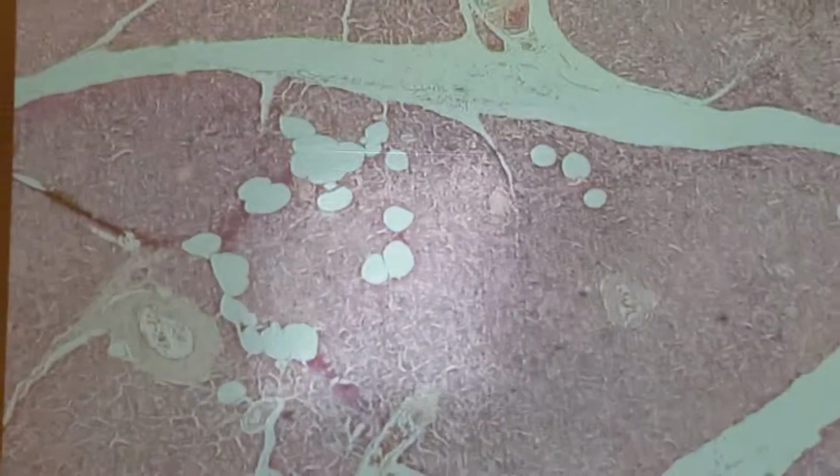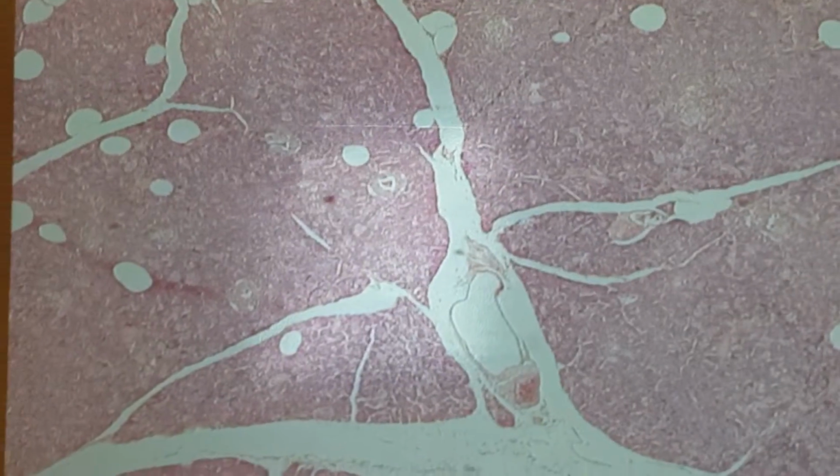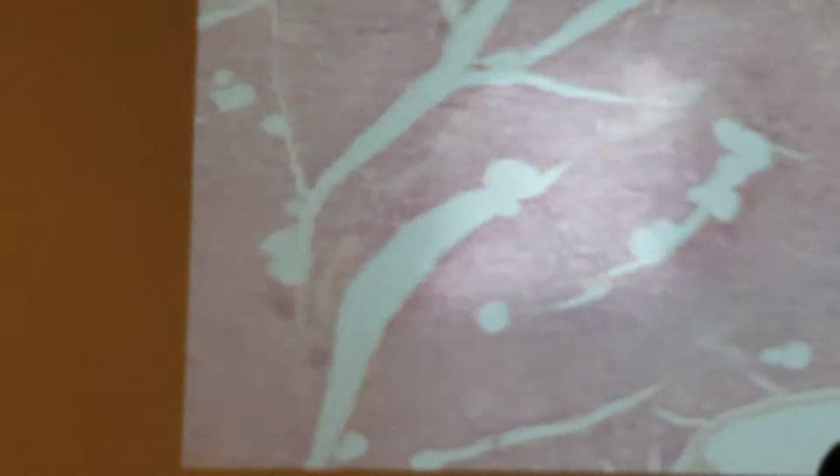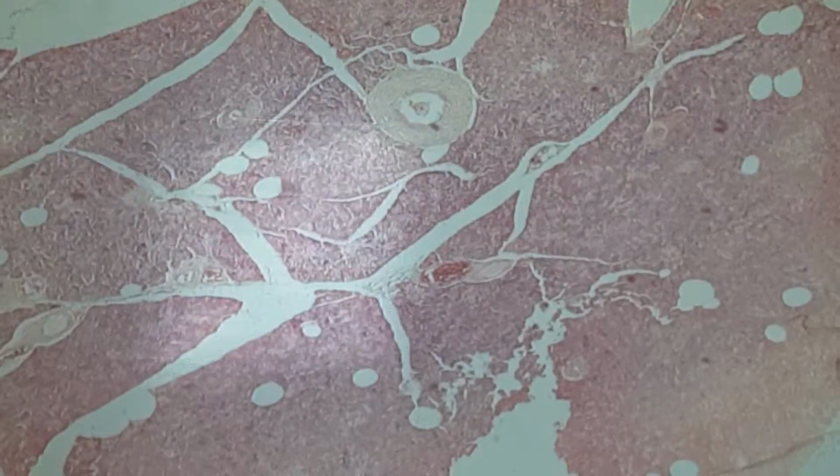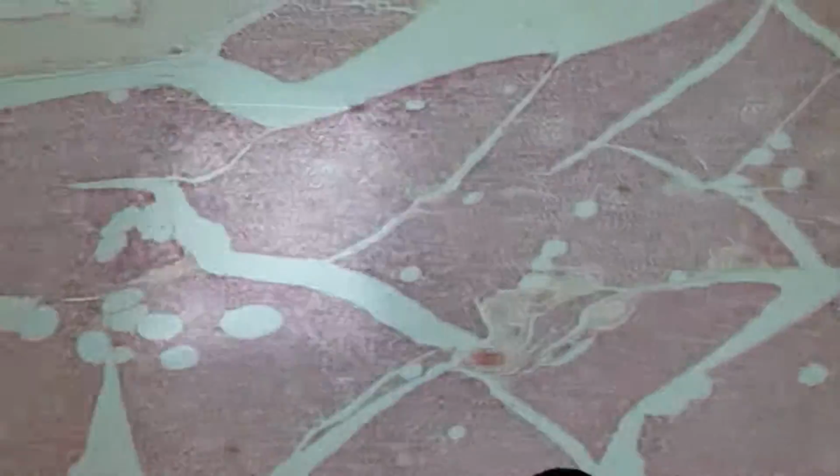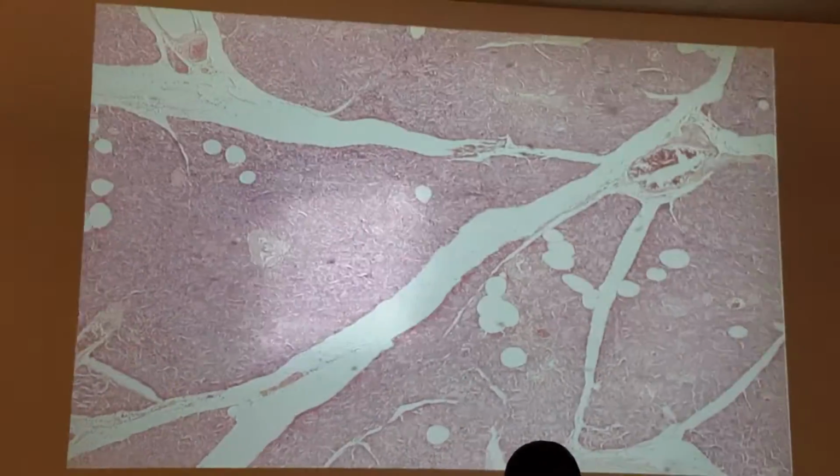It's adipose, yep. The other stuff's adipose, yep. Okay, I do not see very many islands in here.